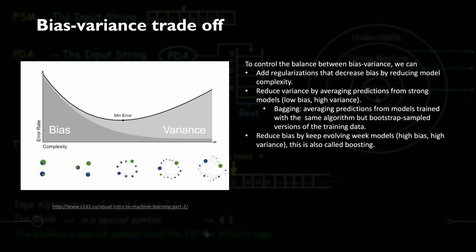The more complex or stronger the model is, the more the bias will decrease, but in the meantime the variance may increase. There's a certain point where we end up with a good balance between the bias and the variance, and this is what we are trying to do when we train a model: control the balance between bias and variance.